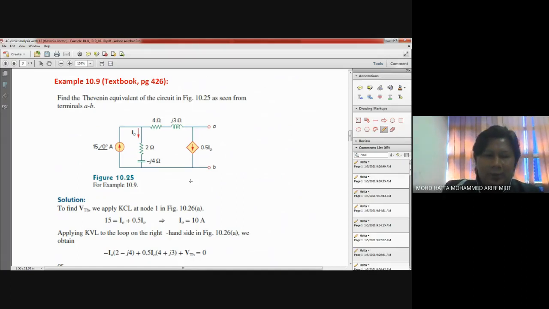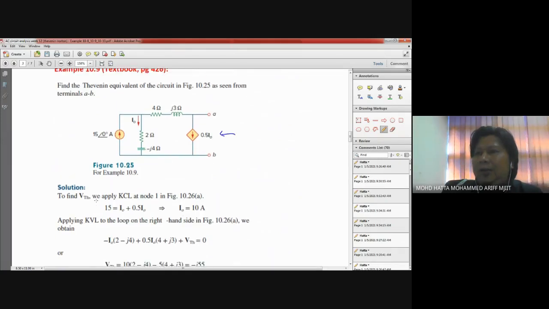According to the solution, it calculates VTH first because VTH is the easier part compared to the ZTH calculation, because of this dependent current source. Okay, we go through the solution.